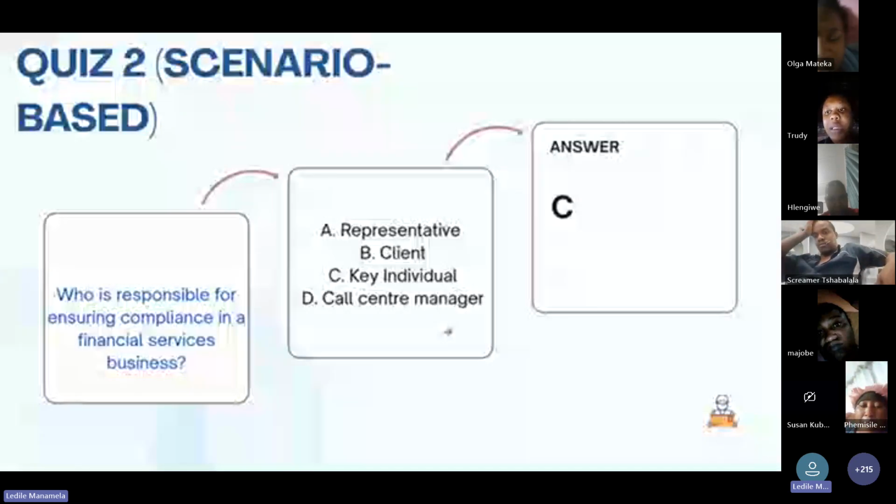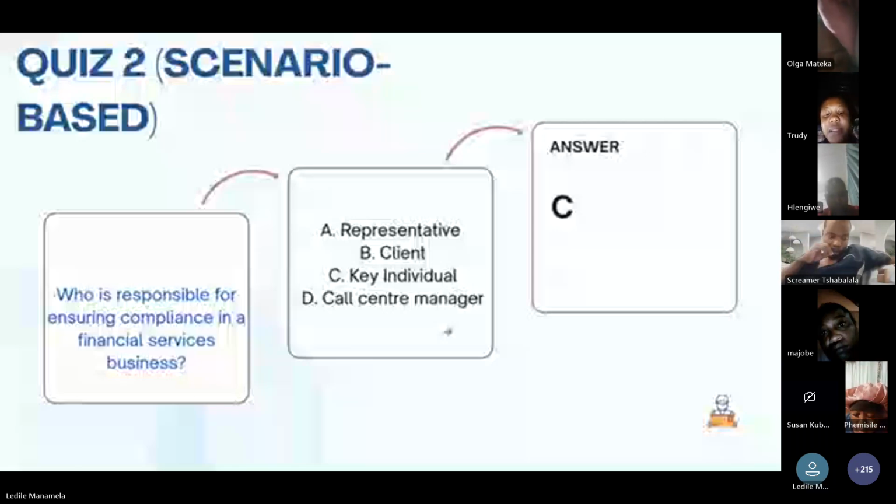So I'll leave it to you guys. When you watch this video again, just try to think about it. Will it still be the key individual or the compliance officer? That's number three. The correct answer is just also.